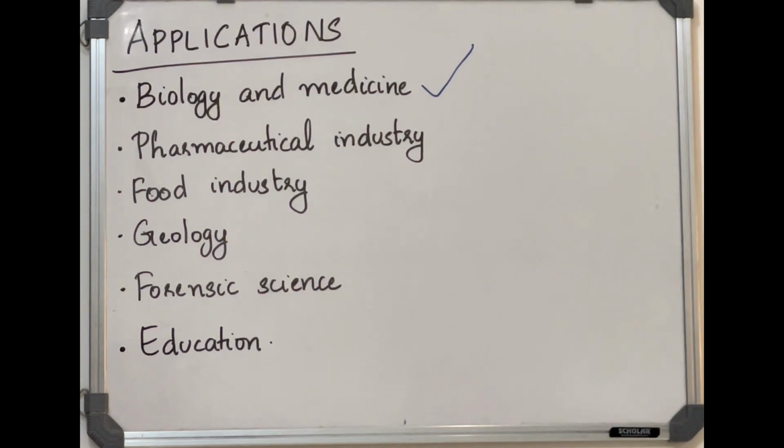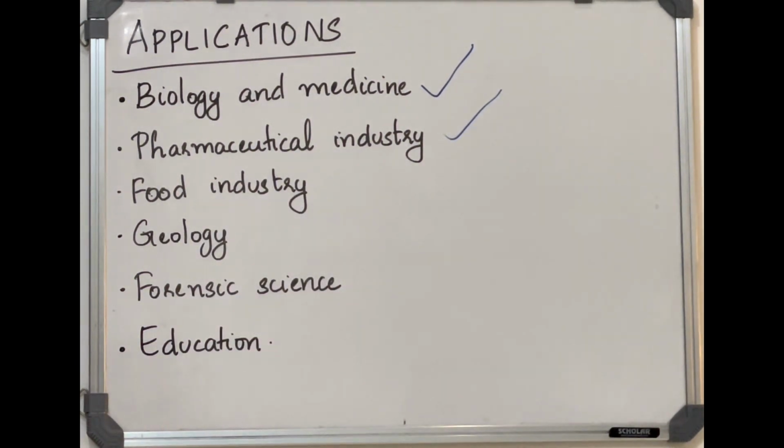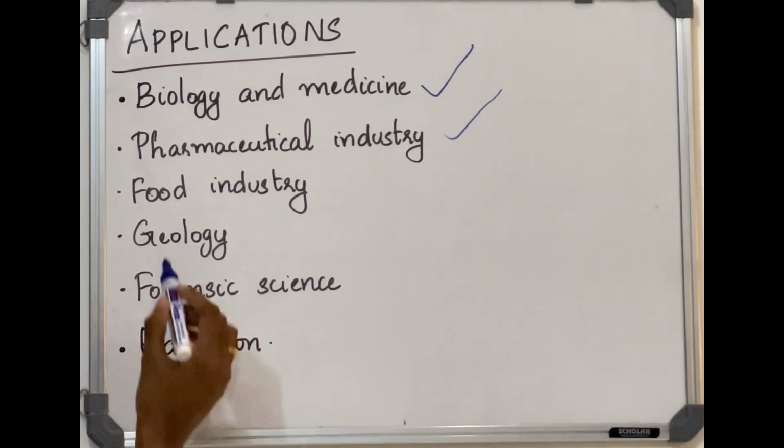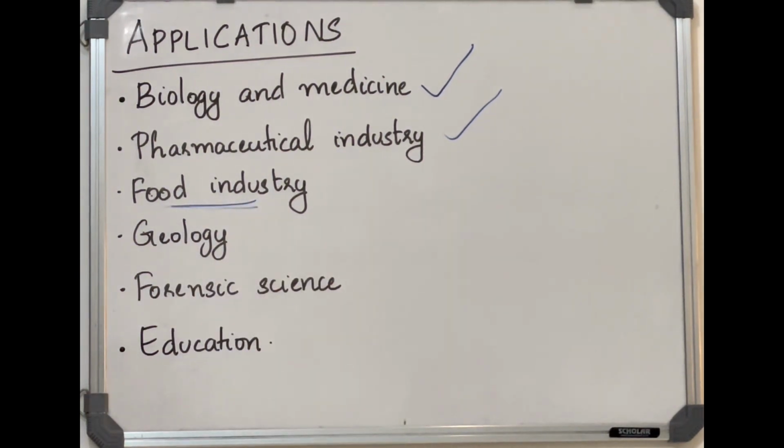Then it is used in the pharmaceutical industry to analyze the purity and quality of drugs. They will find the contaminants and impurities present in the drugs so that those drugs can meet quality standards. And in the food industry, these microscopes detect any contaminants or defects present in the food products.